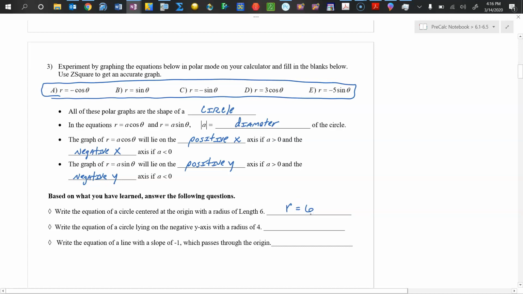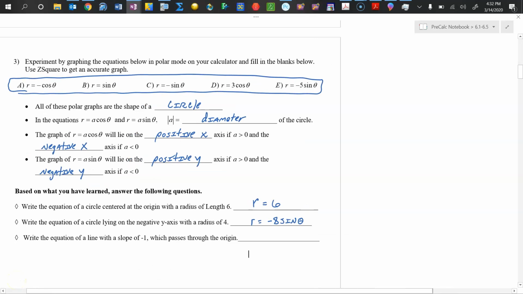If we want the equation of a circle lying on the negative y-axis with a radius of 4, well, we would have to use a sine function, and not y, but r. r is equal to, and 4 is the radius, so 8 is the diameter, and it needs to be on the negative y-axis, so we need that to be negative 8.